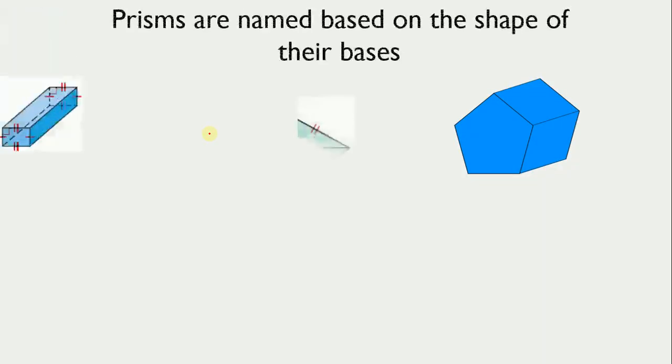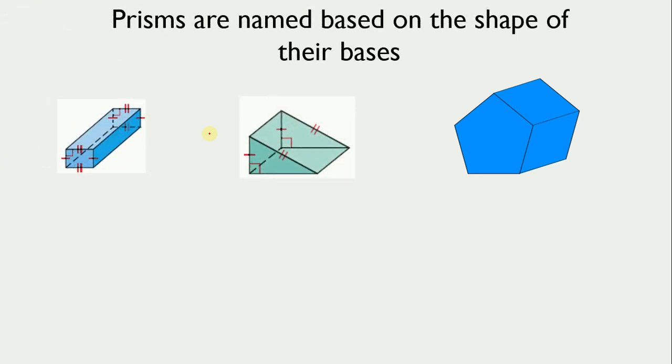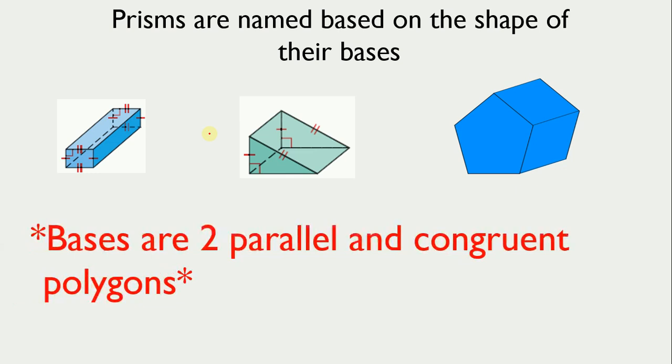So, prisms are named based on the shape of their bases. And the bases, where are they? Well, bases are two parallel and congruent polygons. So we're going to be looking at the faces of our prisms. Prisms have different bases depending on what the bottoms would be. Now, they are going to be the two parallel sides. So notice on this diagram here, this isn't parallel.